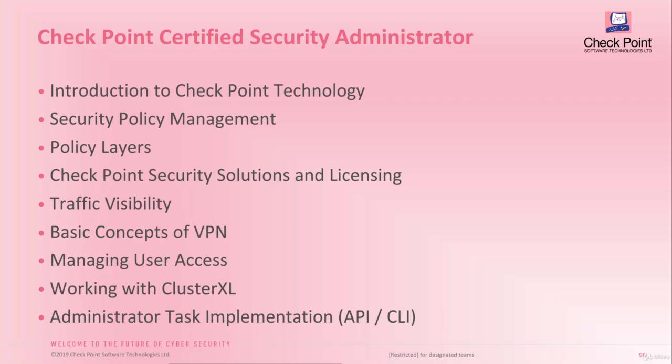So an introduction to Checkpoint, then a lot of stuff that we covered without nearly the depth, nearly the detail in this Jumpstart training series. How policy management is performed, is accomplished, layers and how they work, licensing Checkpoint. Then how do you see what's going on with your Checkpoint deployment, looking at log files, log entries, and so on.